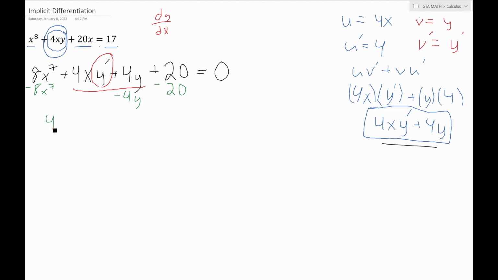So we're going to be left with 4x y prime equals negative 8x to the 7 minus 4y minus 20. And we did say already we were looking for y prime, which is this.